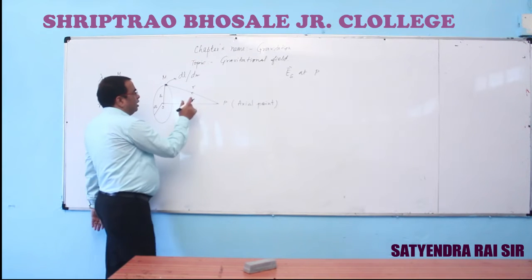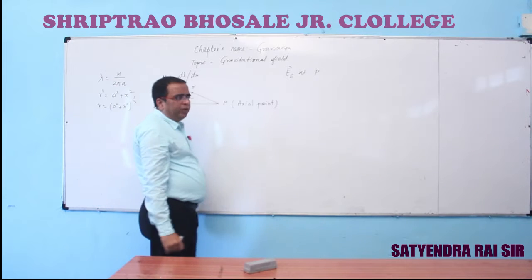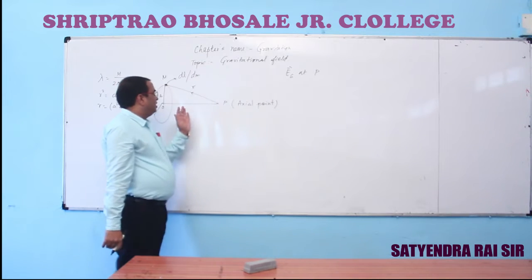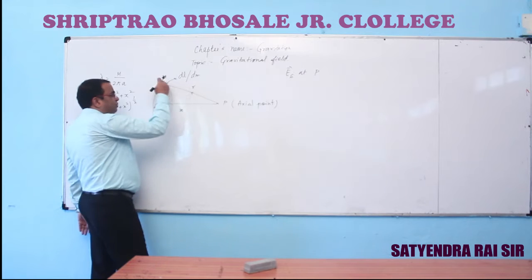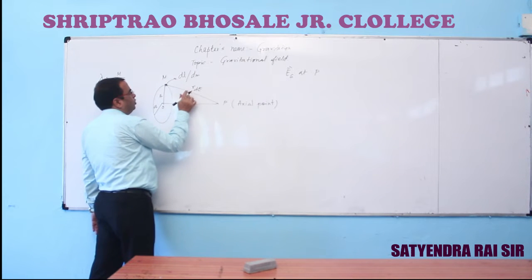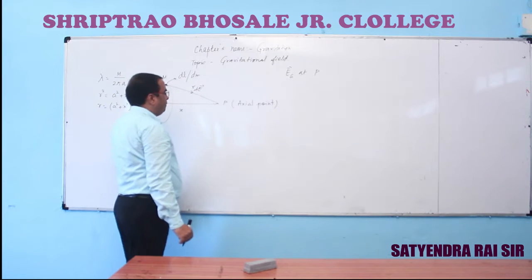Now the element will have some field over there, and this field is in the direction radially inwards. So this is the direction of the field dE. What is dE?